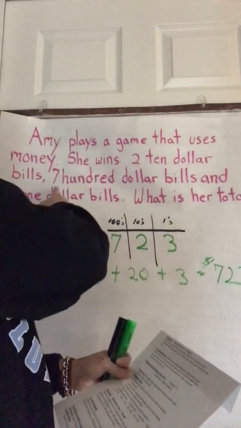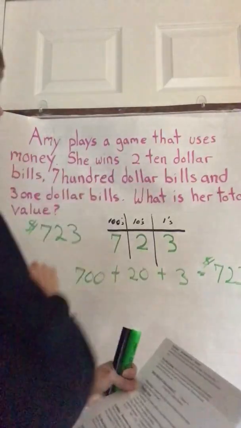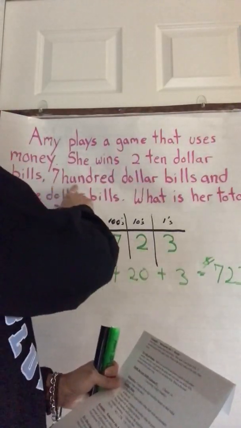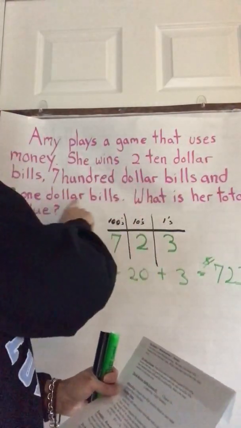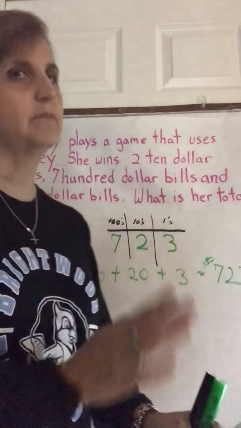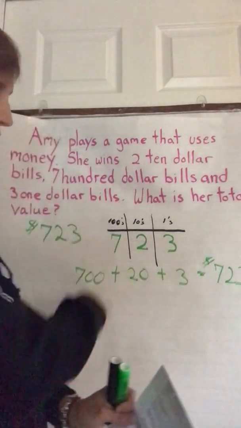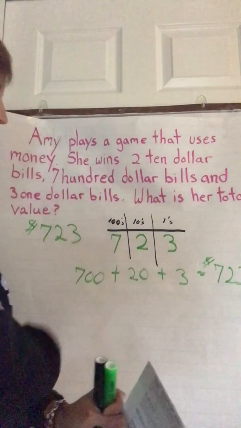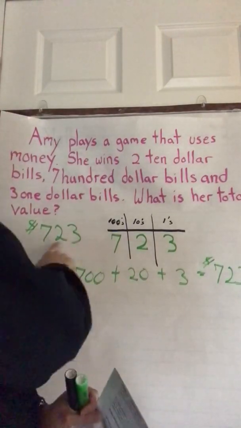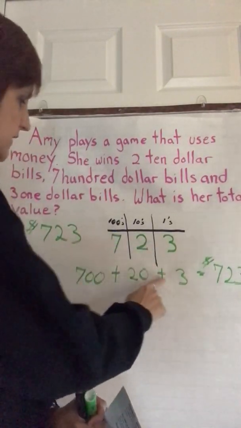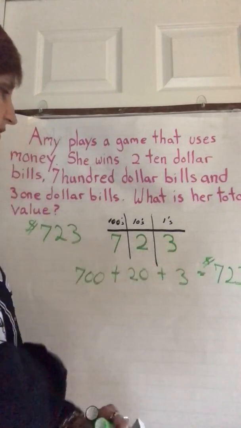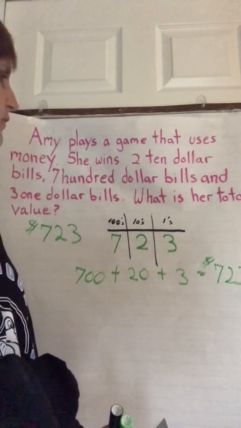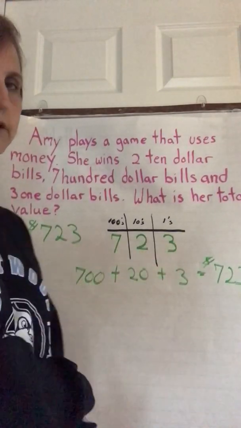Well, obviously, the numbers, the 2 $10 bills, the 7 $100 bills, and the 3 $1 bills, which I might not have made clear when I first did this. As far as the information that was important, it was our numbers, because we need those numbers to put them in their proper place so that we can total the value.